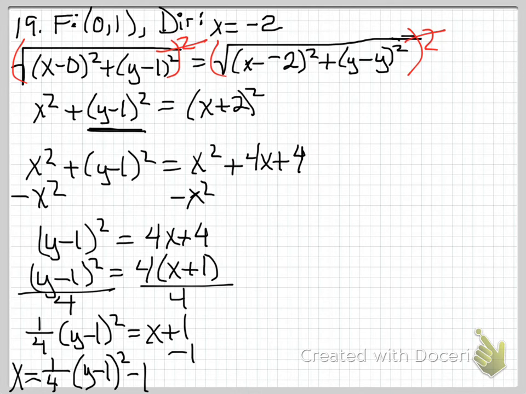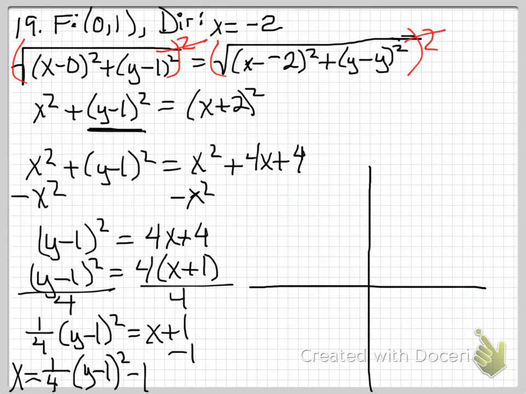Now, we've got to graph it, right? Okay. Get a graph up here. Now, what's my vertex? I look at this equation. x equals 1/4 times y minus k squared minus 1, right? So I've got to look at my equation. I have minus y minus k, so that means k is positive.